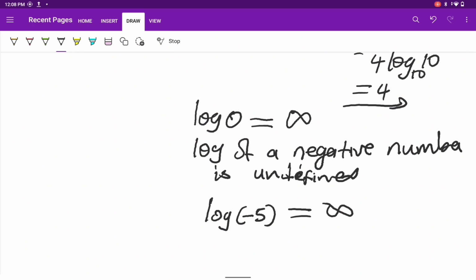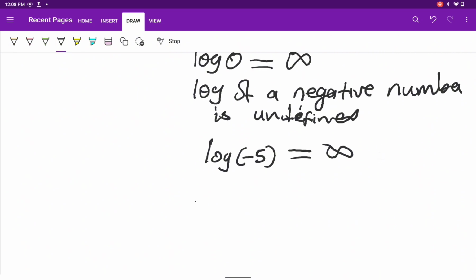So all logs are of positive numbers. But I don't mean that a log cannot give us a negative answer. For example, the log of a half will actually give us a negative answer, right? So do not confuse what I said here.